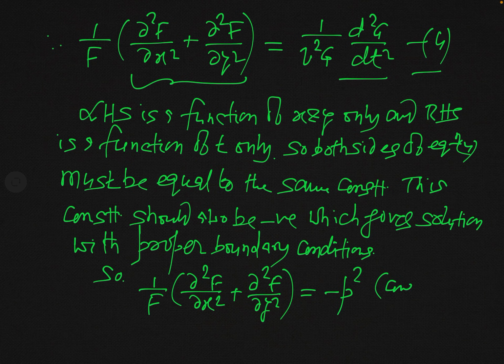Actually, this minus p square is a constant. You can see I have taken p square because p square will always be positive. So due to this minus sign, this constant will always be negative.